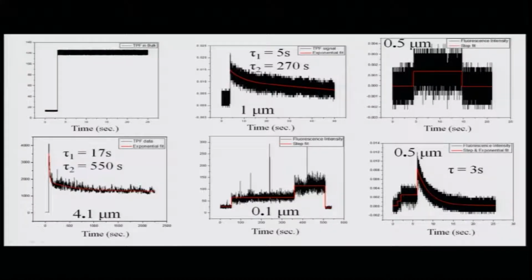Even 500 nanometer particles, which individually do not show any decay, start showing decay when they start aggregating. This indicates that as the size of the trapped particle increases beyond a certain limit, a decay feature appears in at least the fluorescence signal that we are using.